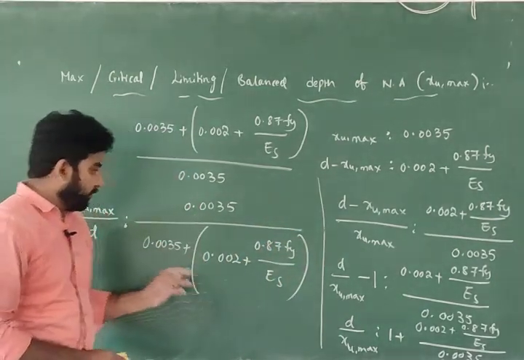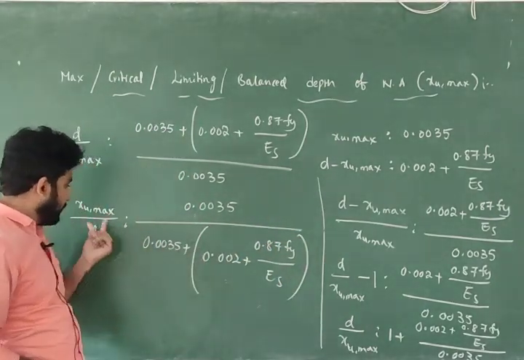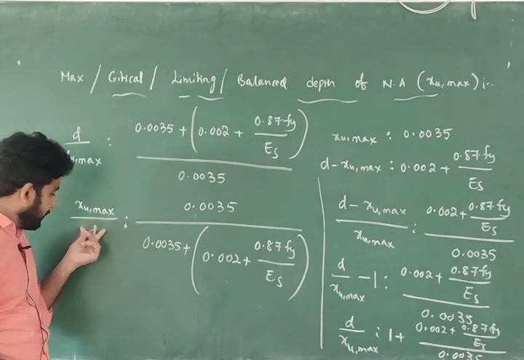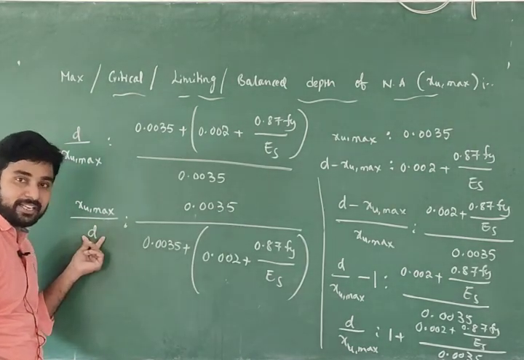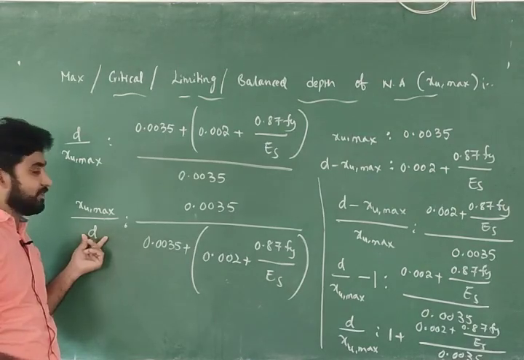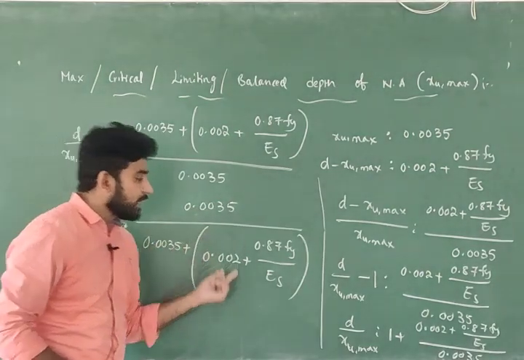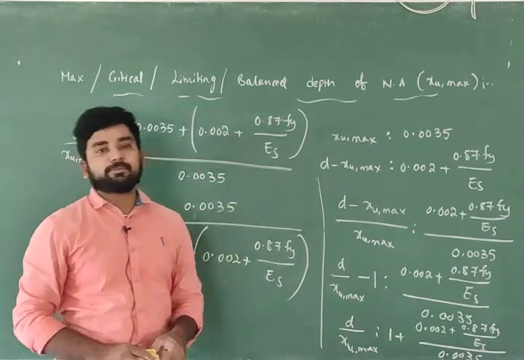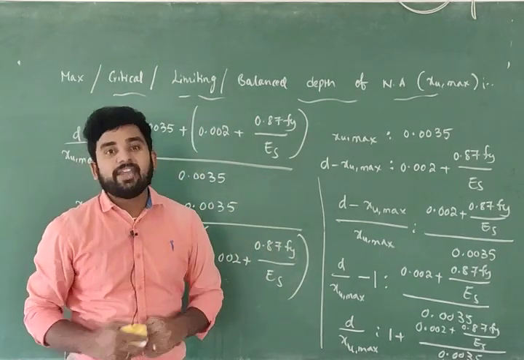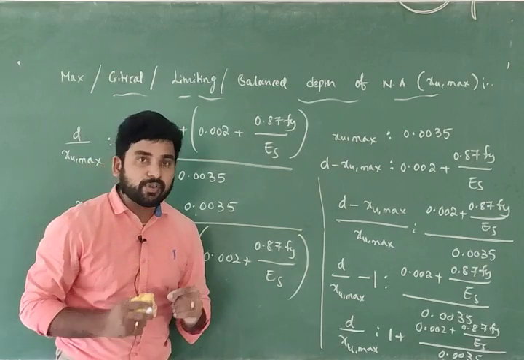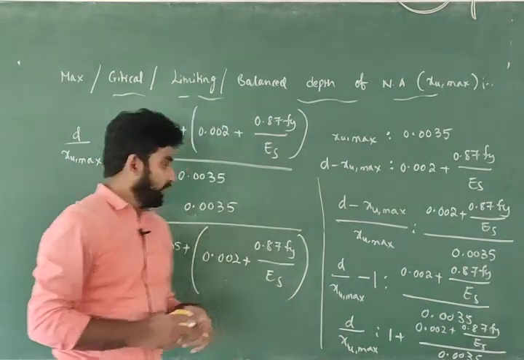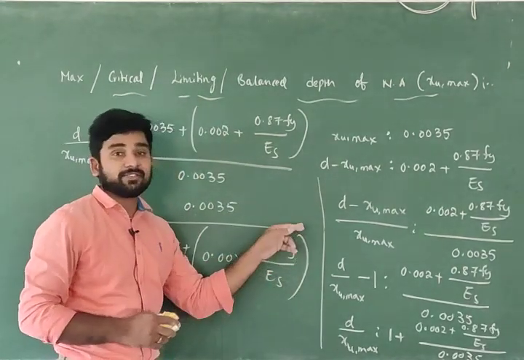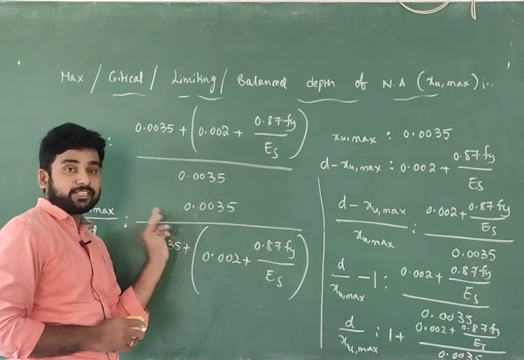So now what you will do? You substitute the values. This is the XU maximum you want. This d is not diameter, it is the effective depth of the beam, and these are all numerical values. This is the grade of steel. We normally have 3 types of grades: Fe 250, Fe 415, Fe 500. So for different grades of steel, we will find different values of XU maximum.